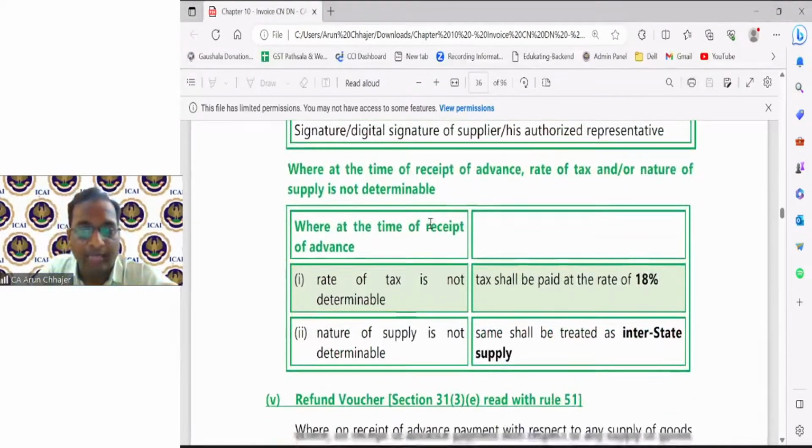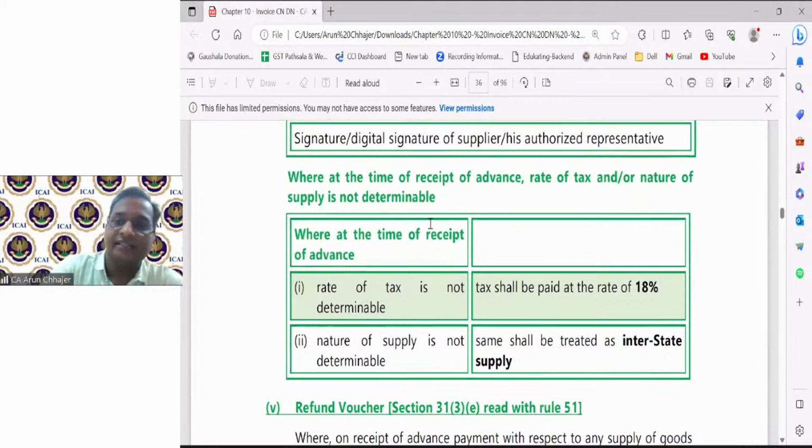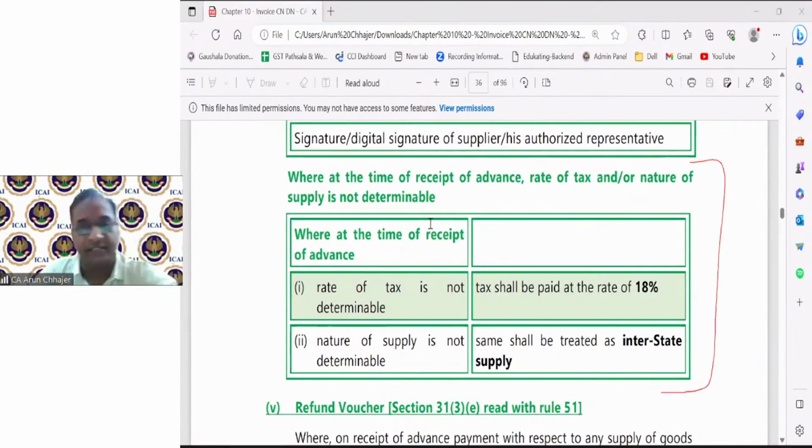Next is, this is again important. Rule 50 says if at the time of advance, the rate of the taxes or nature of the supply is not determinable, assume that you have given me the advance. Is it inter or intra? I'm not sure. Is it 5%, 12%, 18% or 28%? I'm not sure.